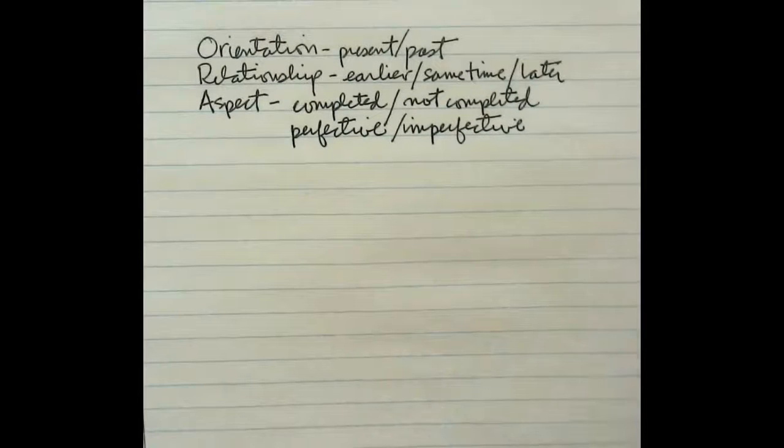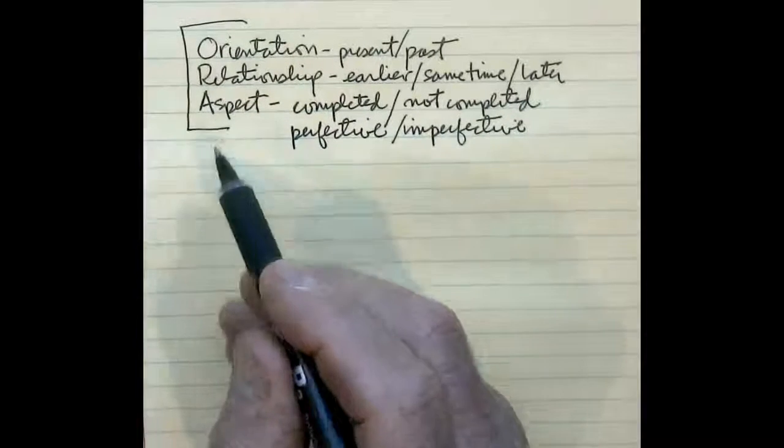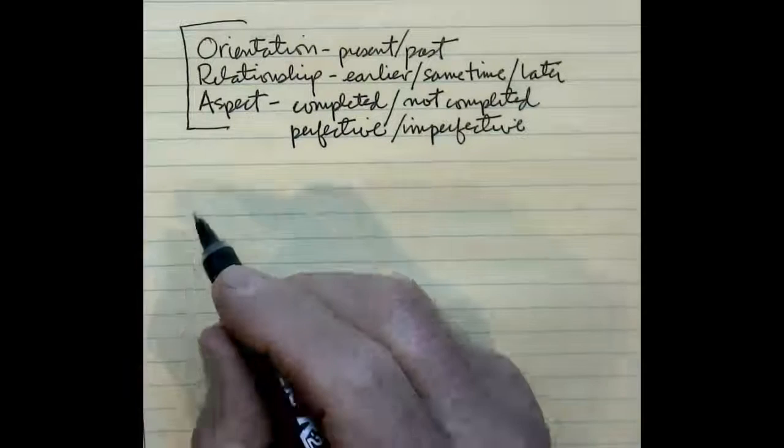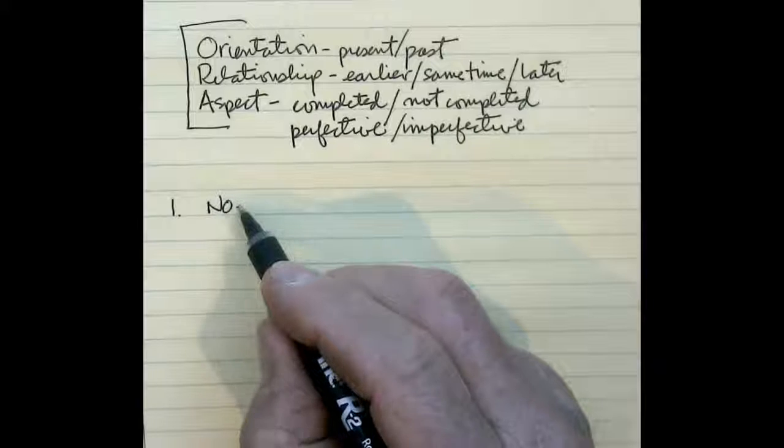Now, the interesting thing is that these items need to be indicated somehow in sentences, and that's why there are different verb forms. So the first form of a verb is the no-s form.